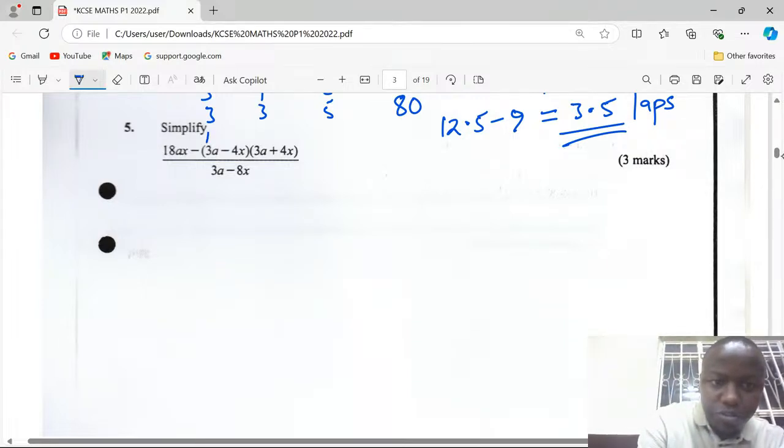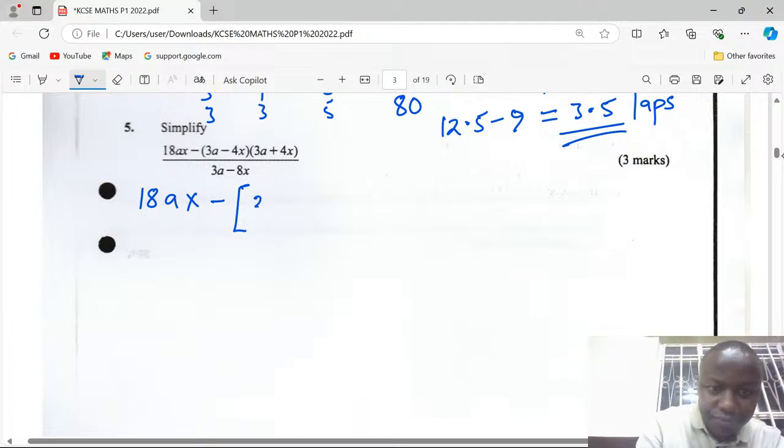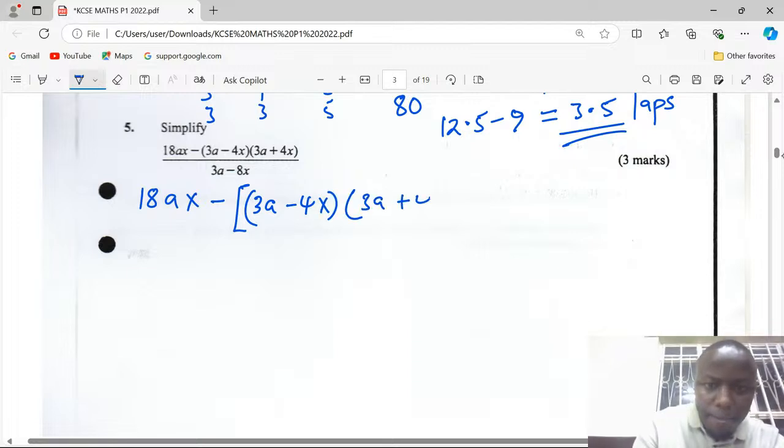Let me put it in a bigger bracket: 18ax, we are subtracting, there are smaller brackets there, (3a minus 4x)(3a plus 4x).